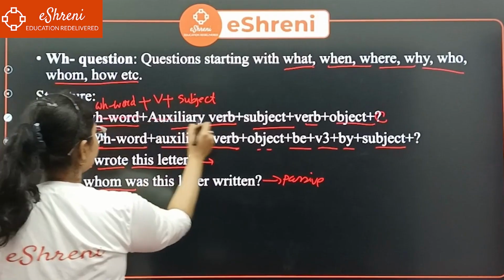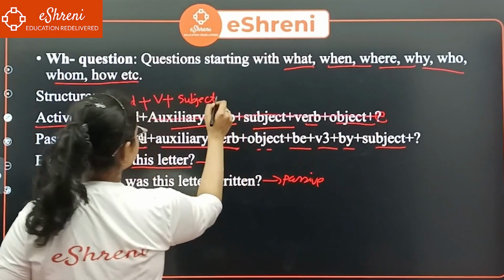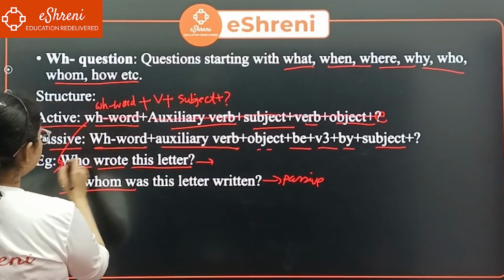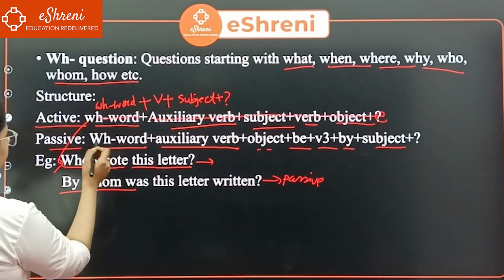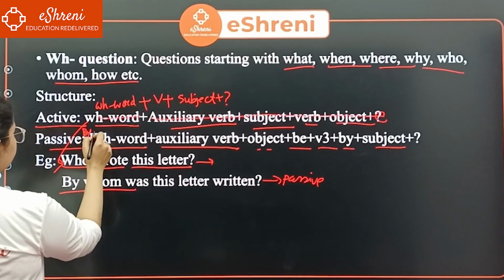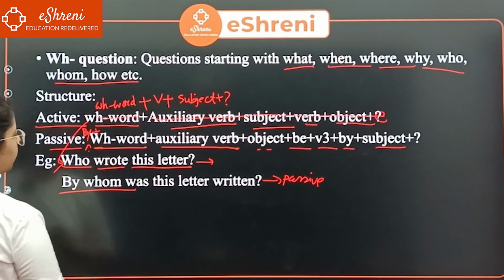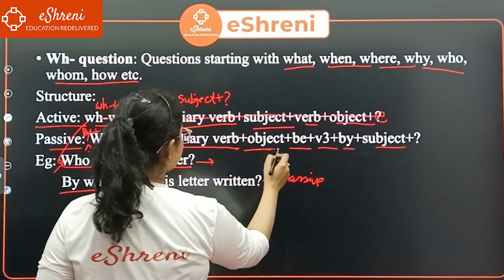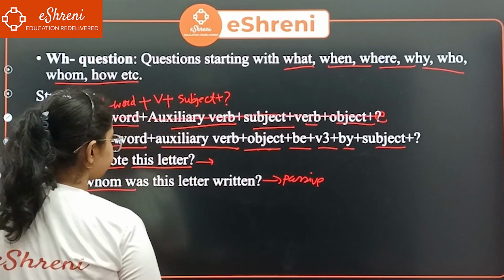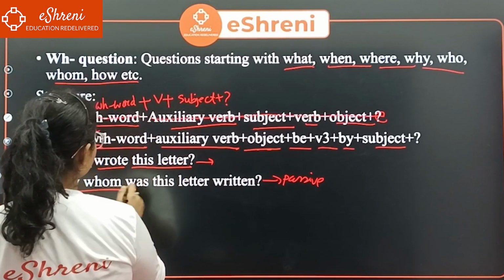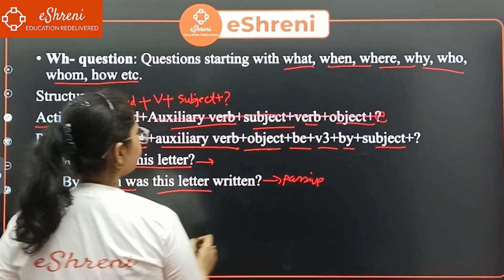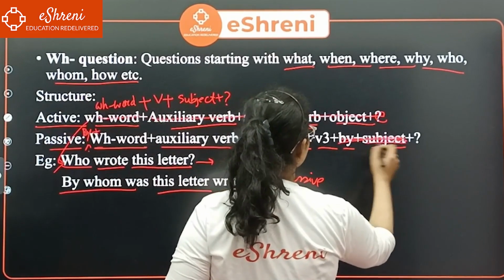Don't look at this part, this is wrong. Then comes the question mark, and then here by will come first, by, next the WH word, next the auxiliary verb, and then the object, and then V3. This portion is wrong.